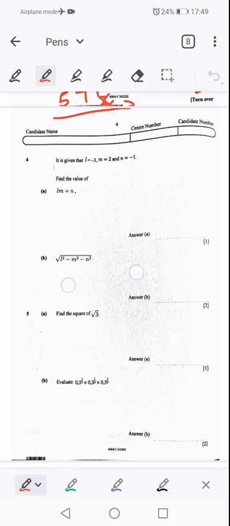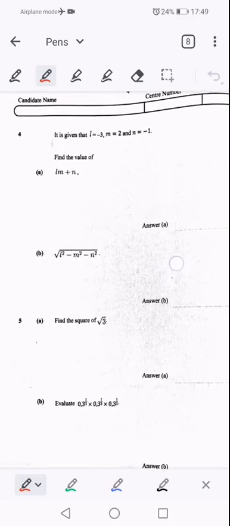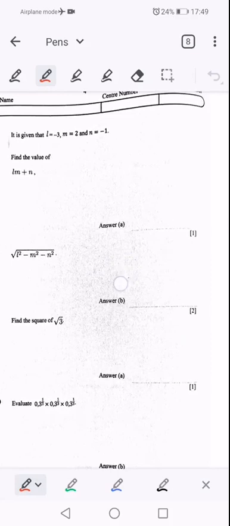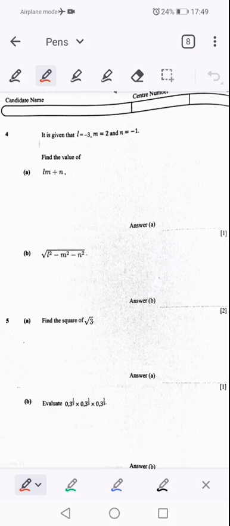So I'm going to zoom this one. This is question number 4, and the first question is 1 mark and the second one is 2. The first question says, it is given that L is minus 3, M is 2, and N is equal to minus 1.